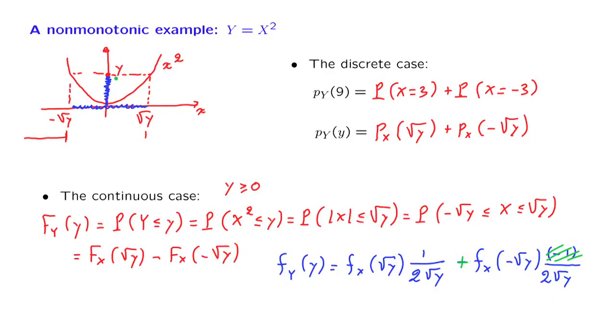So we see that the PDF of Y evaluated at a particular point, which tells us something about the probability that the random variable takes values around this point, has to do with the probabilities that the random variable X takes values around here or around there. There are two contributions, and this is because there are two different ways that a value of y may occur, either X falling here or X falling there.